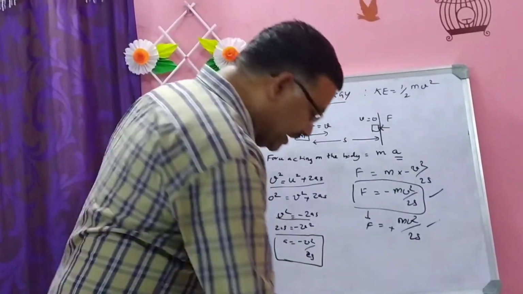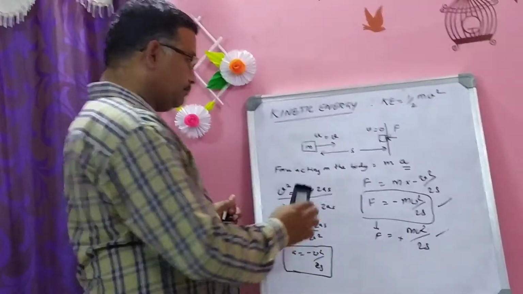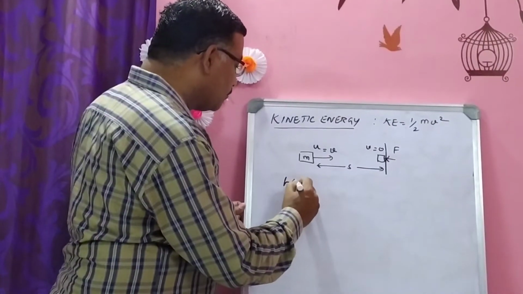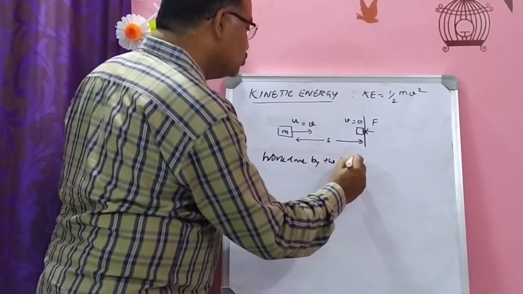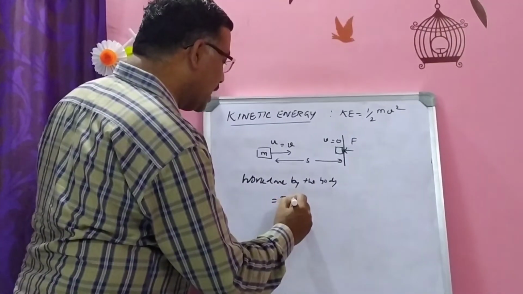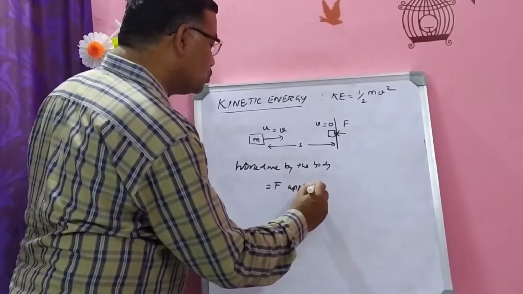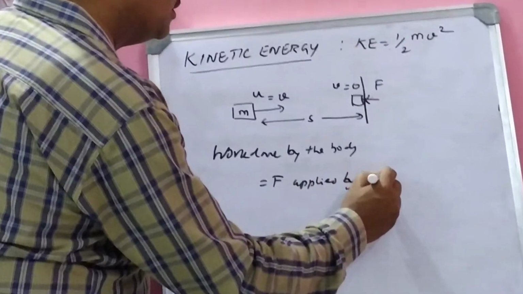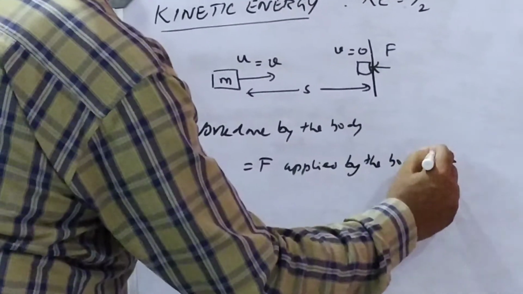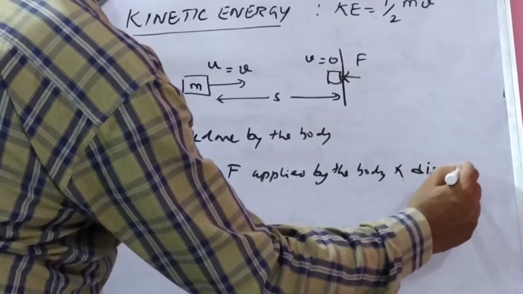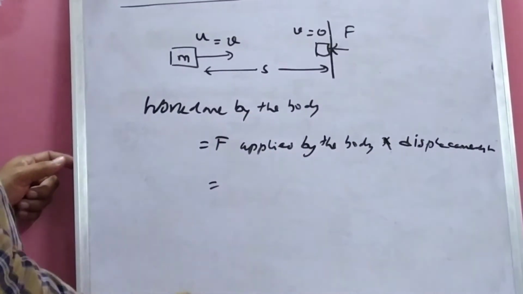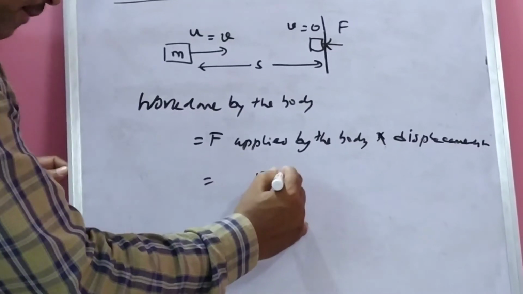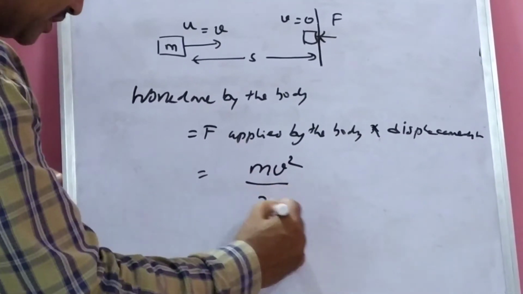What do you mean by work done? Let me see one by one. Work done by the body is equal to force applied by the body into displacement, or distance traveled in a particular direction. Here force applied by the body is equal to mv square by 2s.